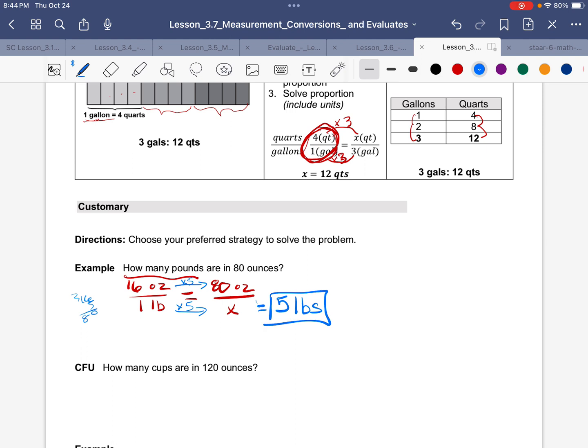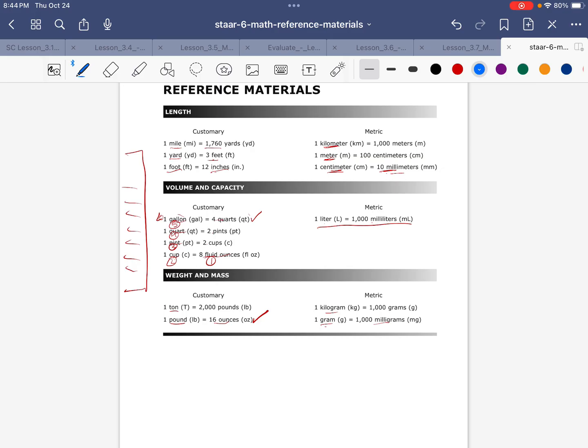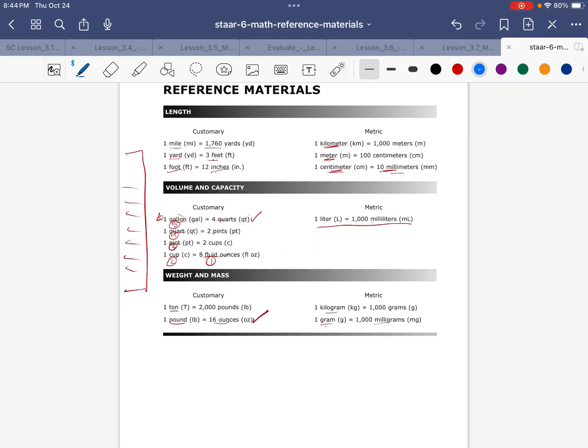Now, how many cups are in 120 ounces? So now we're looking at cups and ounces. And again, this is a CFU, so pause it, try it out first, set it up. We're looking at pounds and ounces, right? Let me see. Oh no, we're cups and ounces, sorry. Cups and ounces here.